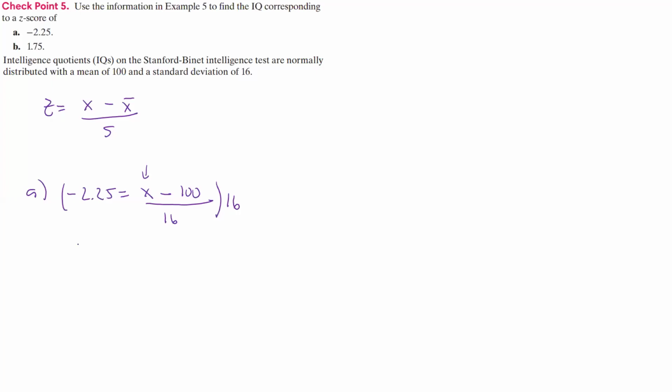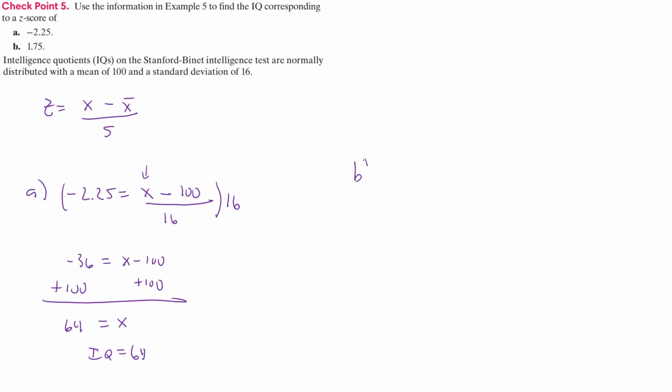So I get negative 36 equals x minus 100. Now, if I add 100 to both sides, I get 64 is x. So my IQ here is equal to 64. And this is for part A.